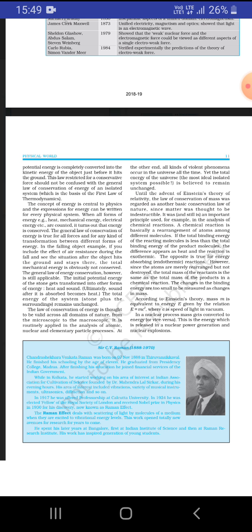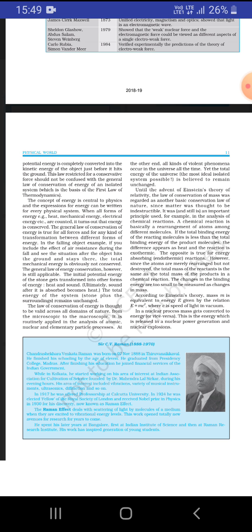Conservation of energy you have learned in your lower classes. The concept of energy is central to physics, and an expression for energy can be written for every physical system. So in every physical system, whether it may be electric energy, mechanical energy, heat energy, or any energy, it should be written.